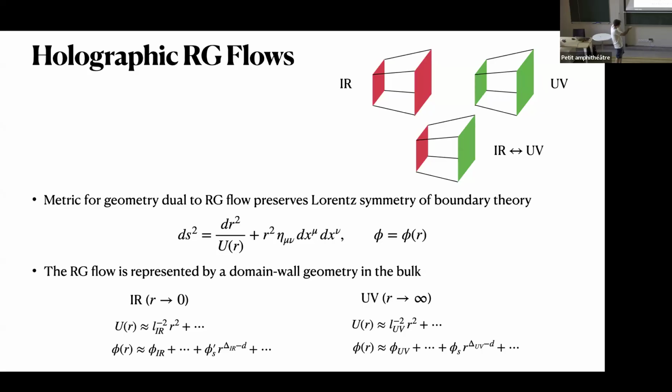If I didn't have these extra dots here, that would be just the AdS solution for the IR. In the UV, as r goes to infinity, U of r should asymptote again like an AdS solution plus small corrections, but with a different scale, with a UV scale. So if you manage to solve the equations, you will get some ODEs. If you manage to solve these equations and find such a solution, you will have realized an RG flow in holography.